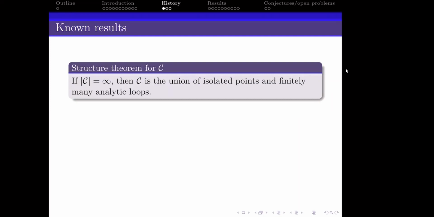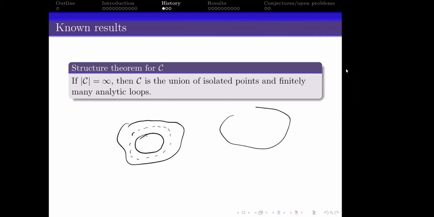You can't have that in a simply connected domain, but in an annular region, the set of critical points could be an actual circle. Otherwise, in general, it could be finitely many analytic loops and maybe a few isolated points. So this is the structure theorem.